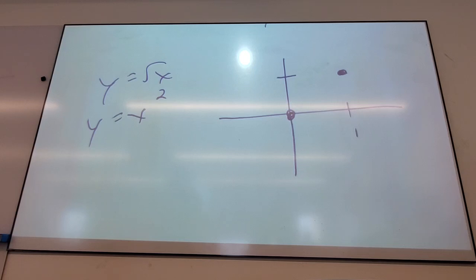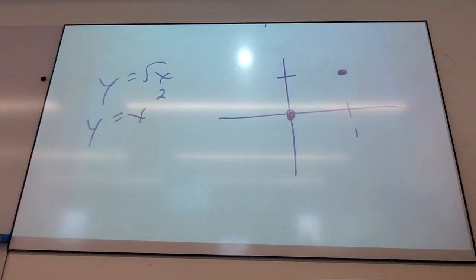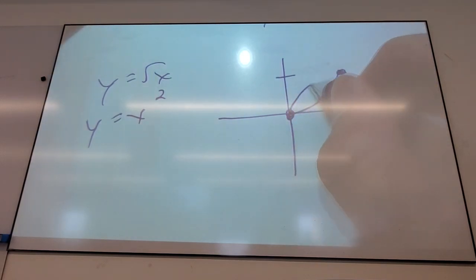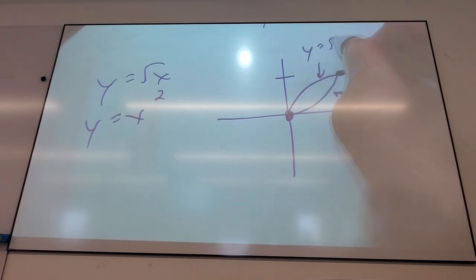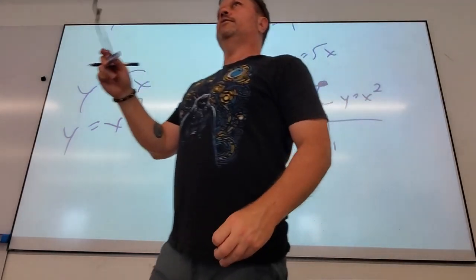X squared does. And of course, what's the square root look like? Yes, it goes that way. So when I connect these, this will be x squared, and this will be square root of x. That's all you ever need to worry about.